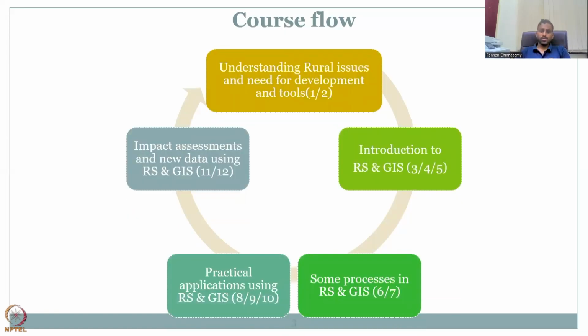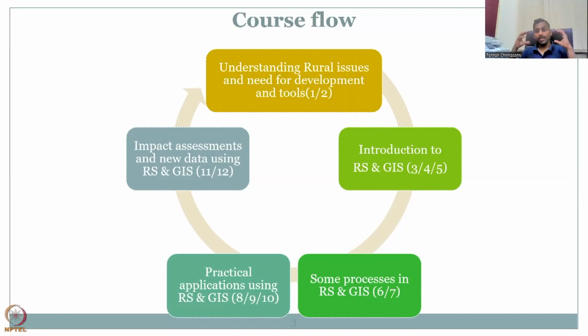In weeks 1 and 2, we will understand rural issues that are stagnating rural development. And we will look at the need for tools that can improve the development scenario. One of the tools that we already started with is remote sensing and GIS.